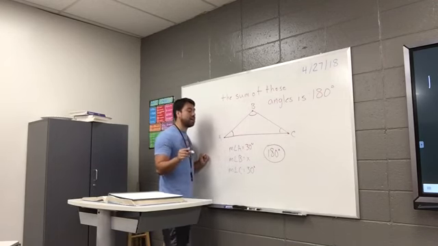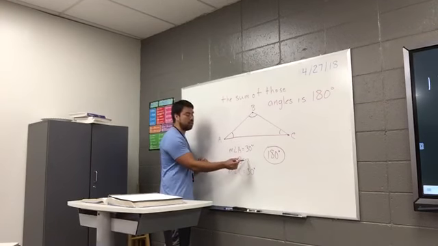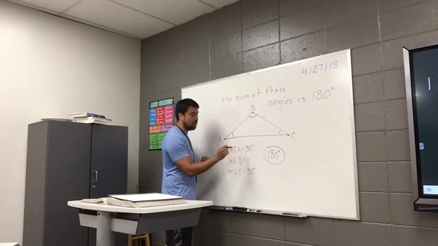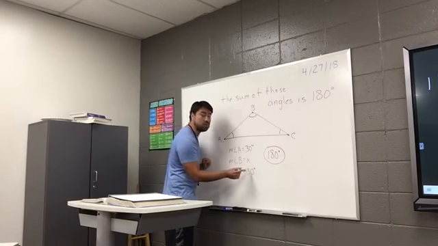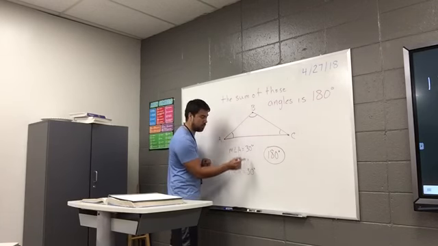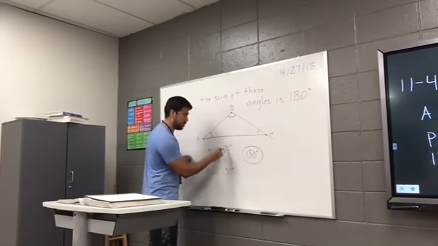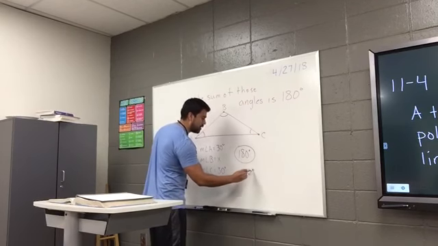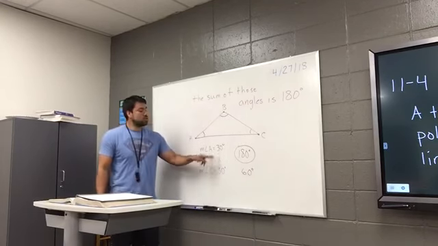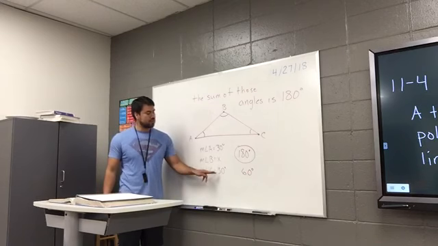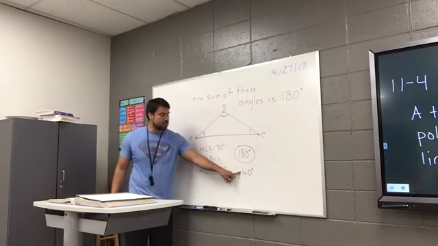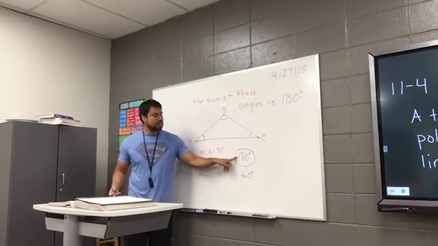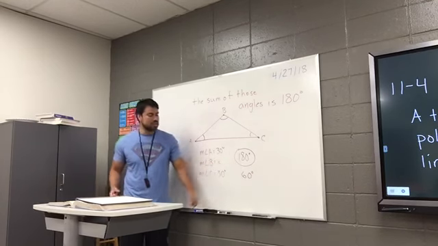The way you find out that missing angle is to add the two known angles, so 30 plus 30 is 60, and you're like, okay, what does that do for me? Well, I have two out of the three parts. I add the two parts together that I know, and what do you think I do with the 180 and the 60?